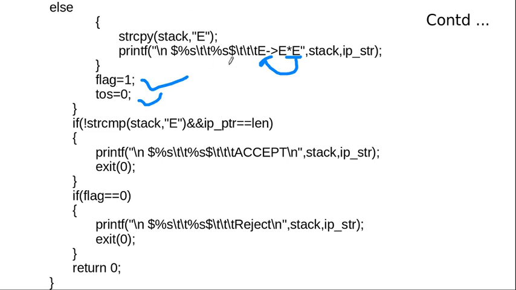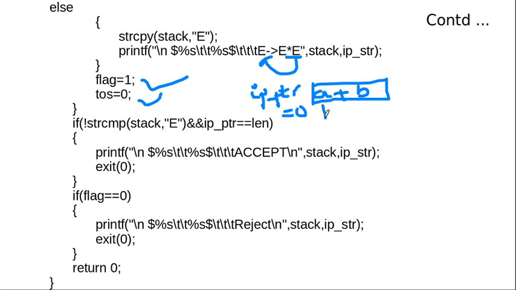Finally my stack has only E and all the input symbols are verified. My currently verified input symbols are given by the input pointer. If your input is A plus B, with length 3, your input pointer is initially 0.